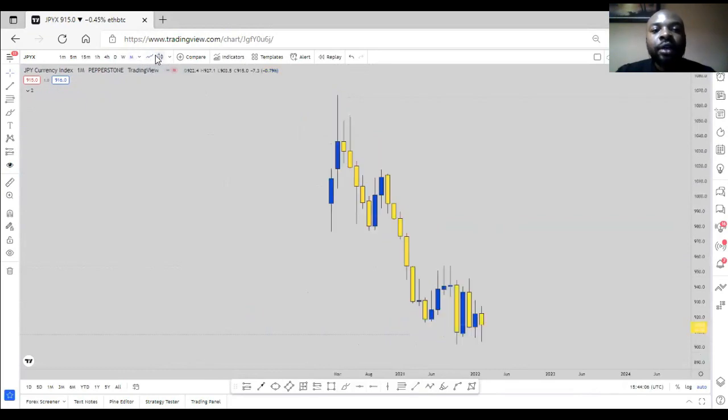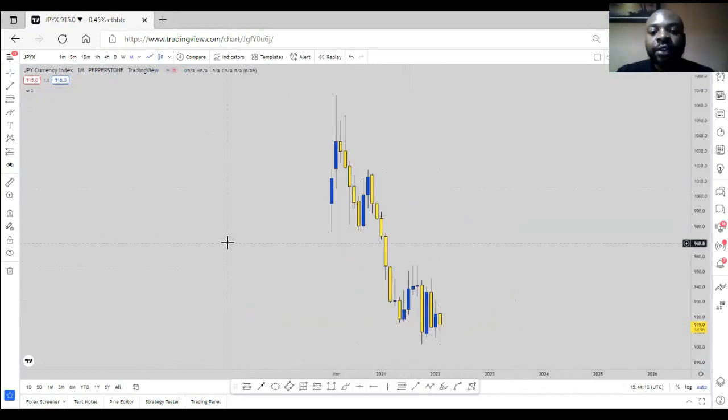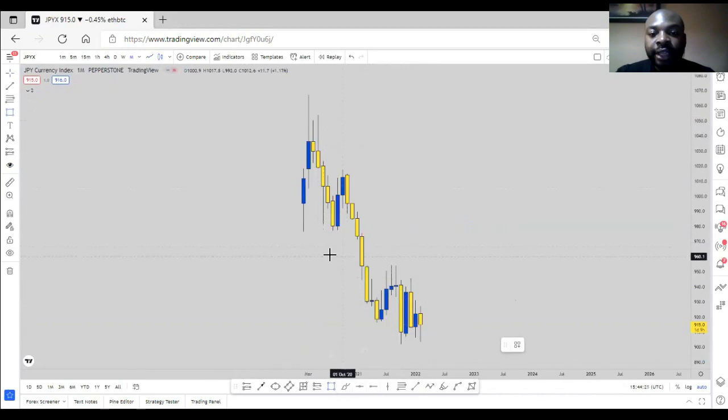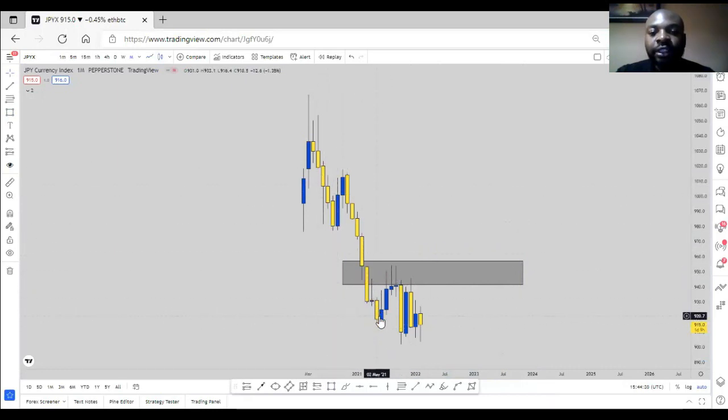So when I look at this, I also want to consider structure. I can look for the most visible or obvious areas where the market found some level of resistance. You can see here price came, broke this level and came back to reject on this level.